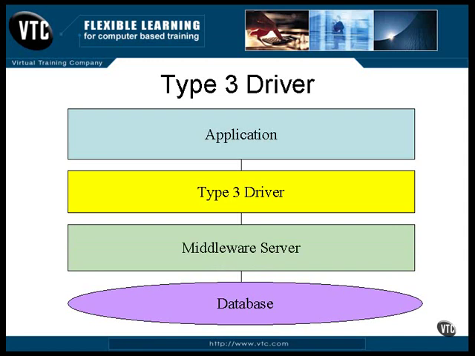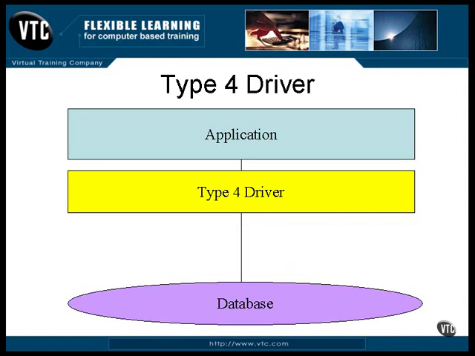The communication between the processes uses a database-independent protocol. The middleware component uses the native API of the database. One note here: since the middleware component is its own standalone program and it's on the same computer as the database, it could actually be using a Type 1 or Type 2 driver to talk to the actual database.